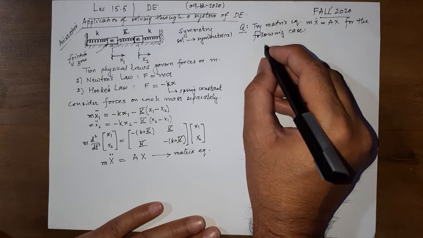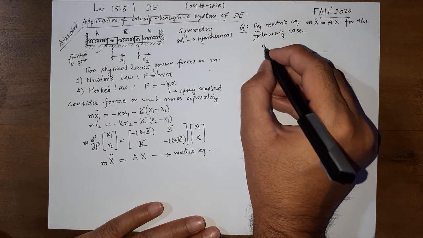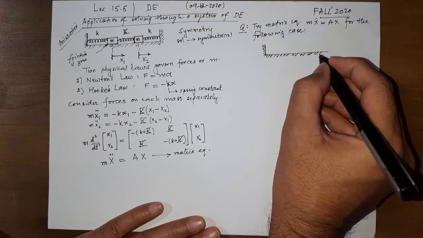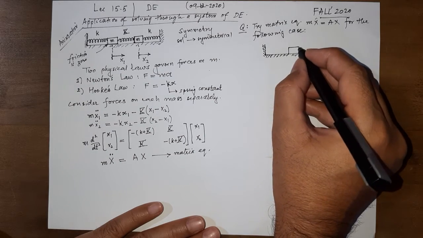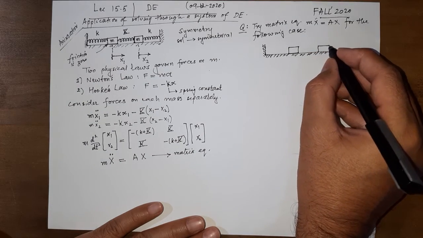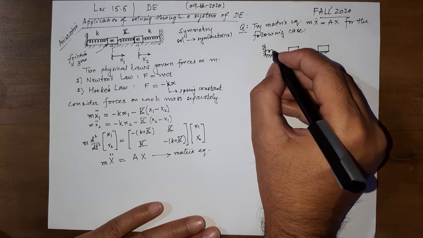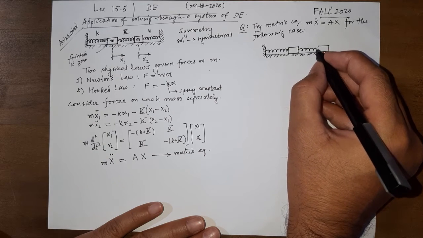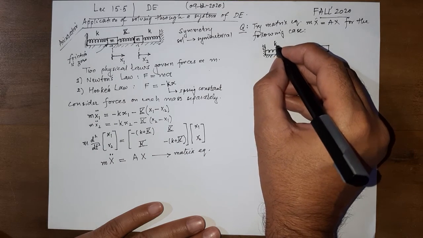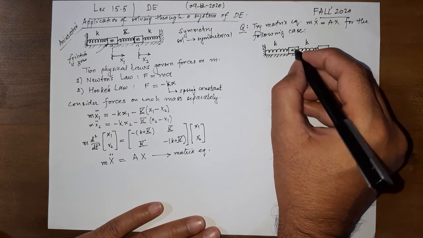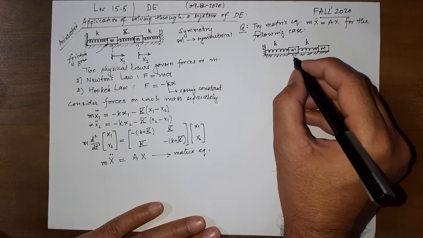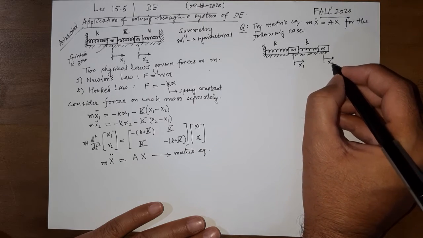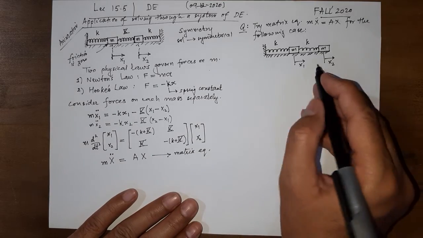Suppose here we have a wall and a floor, again two masses, but this time both of the springs are the same and both of the masses are the same. Take this as x1 and this as x2, and try to convert this system.